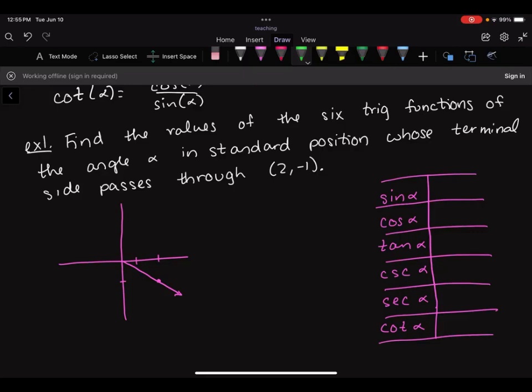Please remember the fact that it's in standard position, that tells us that my angle is here, not here. So it always needs to touch the x-axis. I'm also going to make this into a triangle. So my x distance was 2, and my y distance was -1.